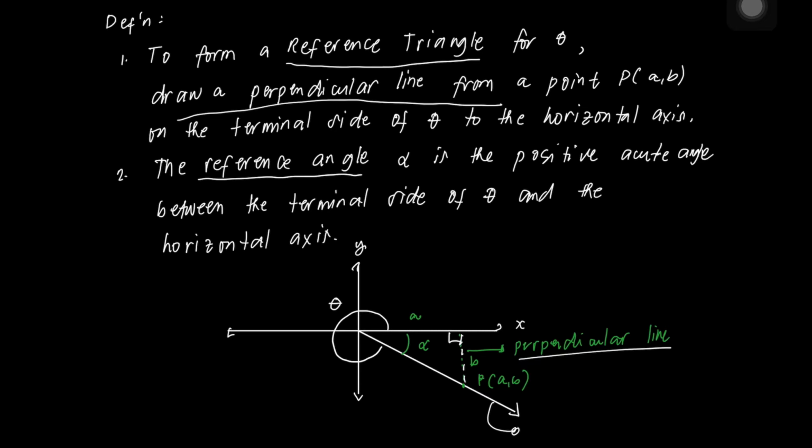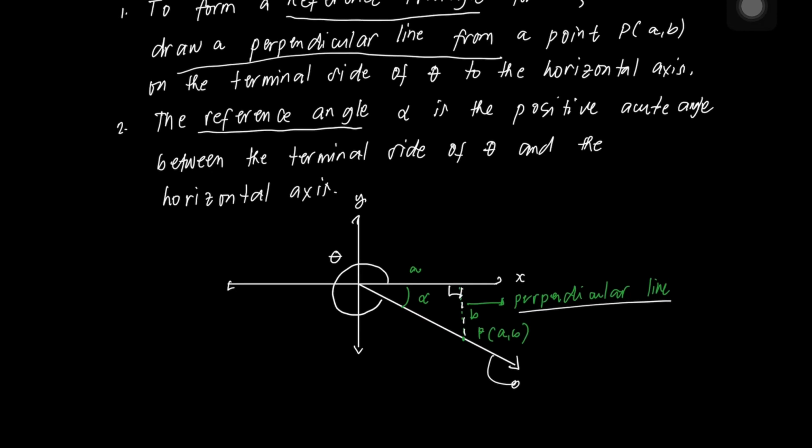We produce the perpendicular line to form a right triangle so that we can apply the 6 trig functions. So what is a reference angle? The reference angle alpha is the positive acute angle between the terminal side of theta and the horizontal axis.